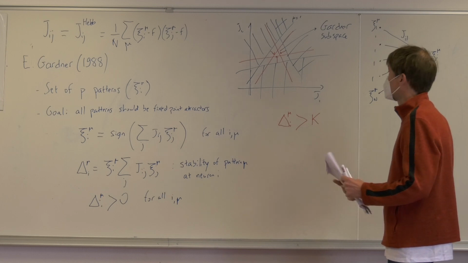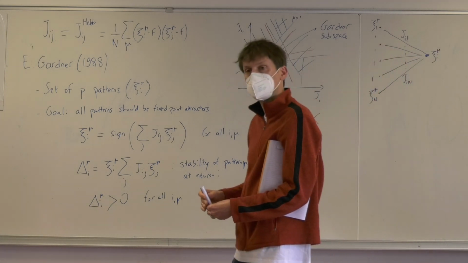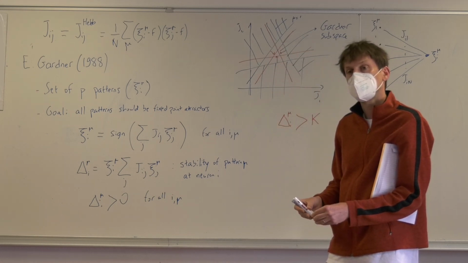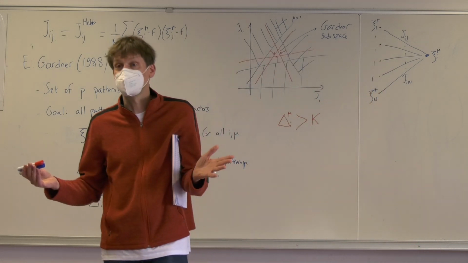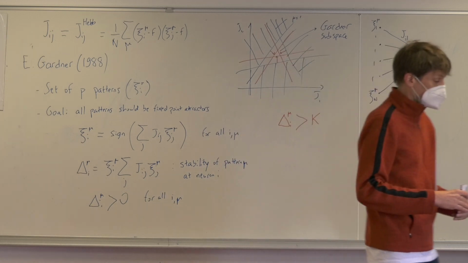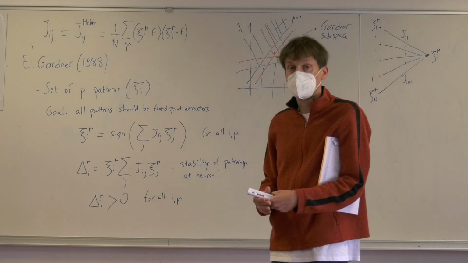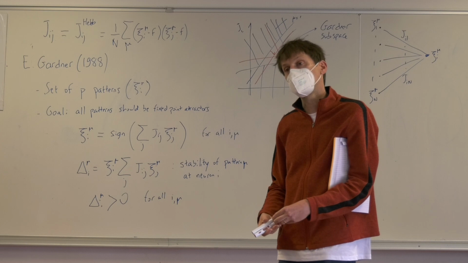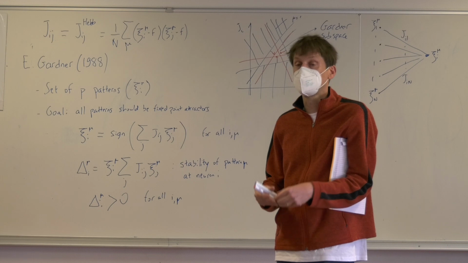Okay, so now we can ask a number of questions. So there is a question here. Yes. Is the size of this Gardner space completely independent or not from the specific pattern that you have picked? No, it depends on the specific patterns, of course. Though what Elizabeth Gardner did, and what I will describe now, is that you can compute the typical volume in the large N limit.